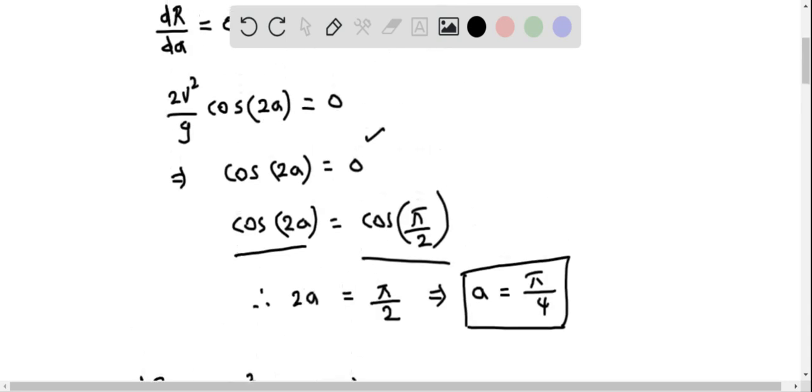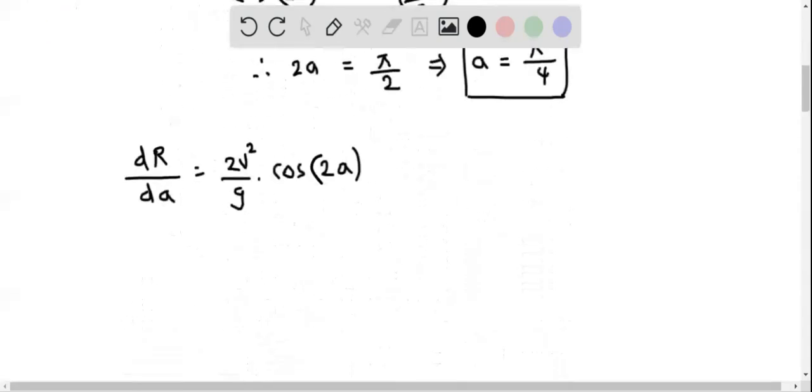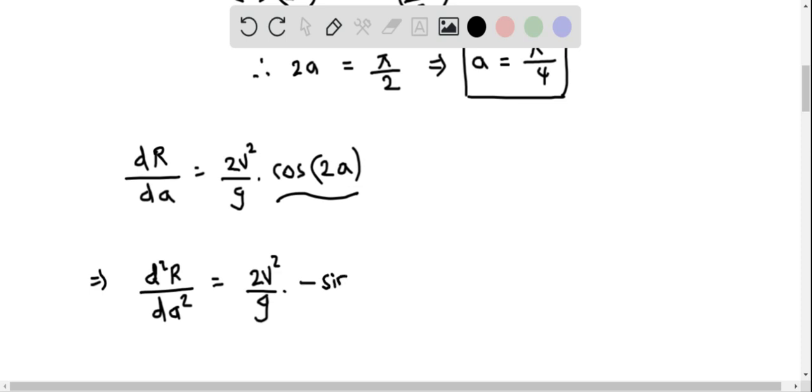Now let's find the derivative of this one, that is d2r by da2. And so this equals, once again, this 2v squared by g is a constant. We find the derivative of cosine of 2a, which is negative sine of 2a.